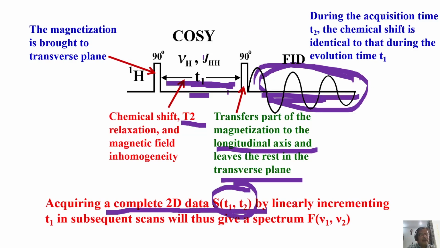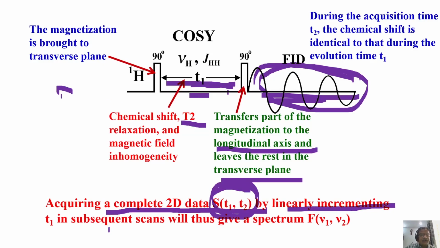You can also vary T1 randomly in some experiments. We can also do that not with T1, but in some experiments we can randomly vary mixing times and all those things. But in this case, the T1 increment is linear in subsequent scans so that you get a full time domain 2D data set.